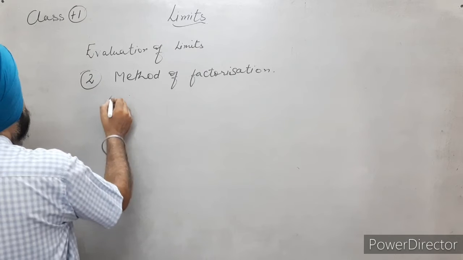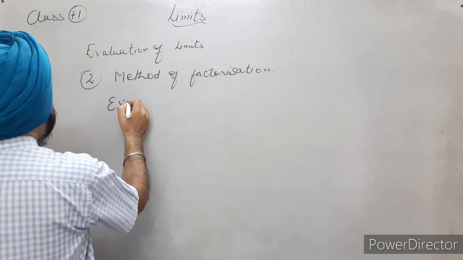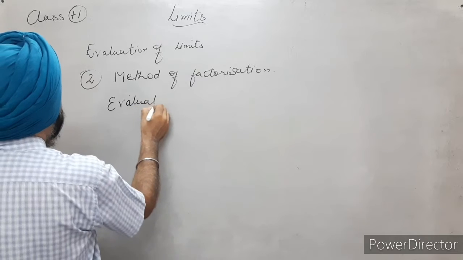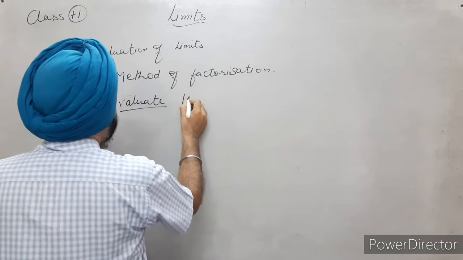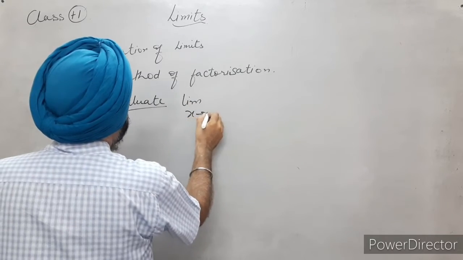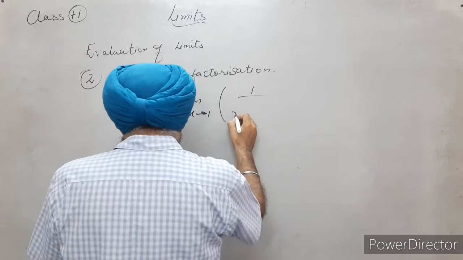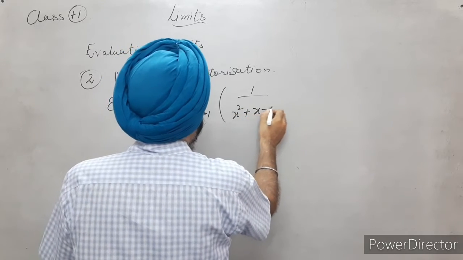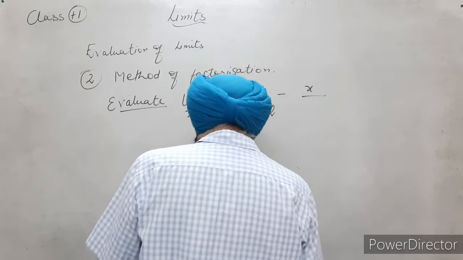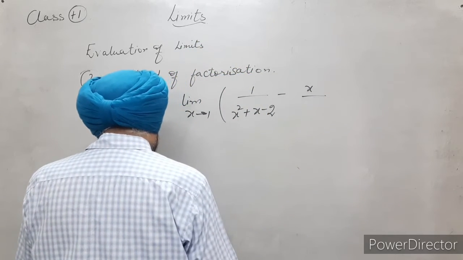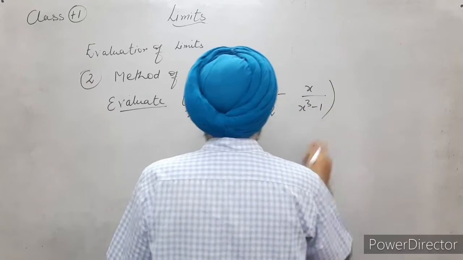Evaluate limit x approaches 1 of 1 upon (x square plus x minus 2) minus x upon (x cube minus 1).